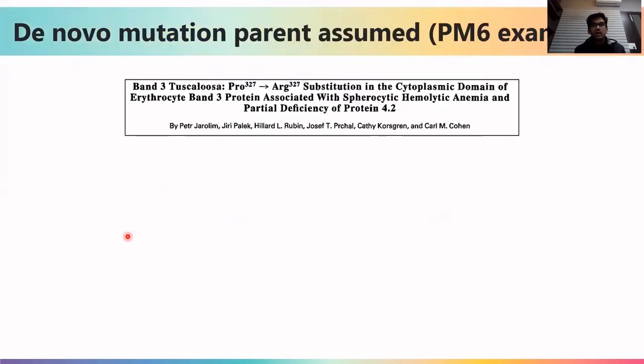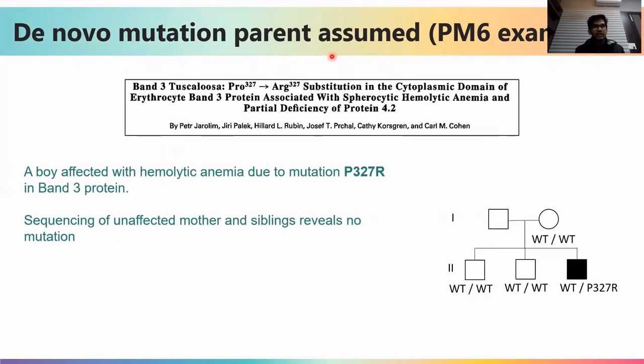Next, we will go for an assumed case, a PM6, where the parent has been assumed. There's a boy with hemolytic anemia, and they have the mutation P327R in band 3 protein. In this they performed the Sanger sequencing for the mother as well as the sibling, and they could not identify any mutation.